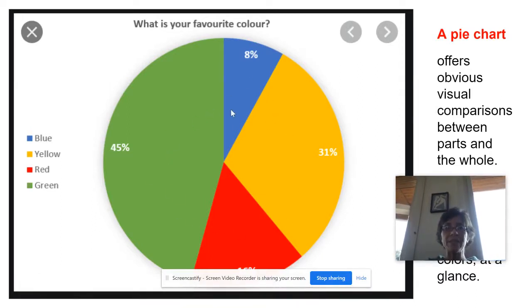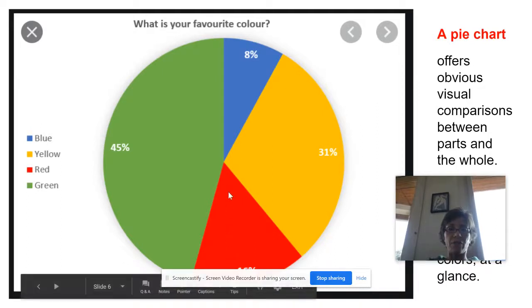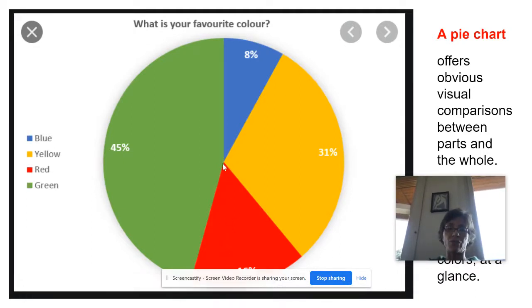And so you can immediately see, even though you don't have the numbers, what part of the class, for example, chose green as their favorite color. Well, you see that if the whole pie is the whole class, the green part is almost half of the pie. So that means that almost half the class chose green as their favorite color.